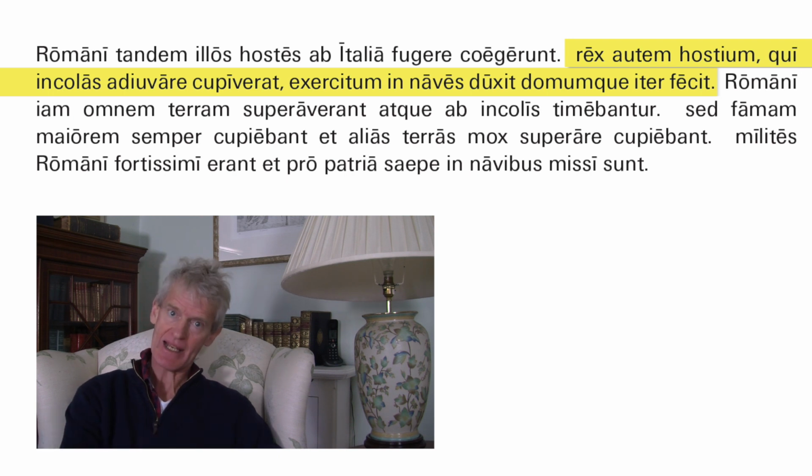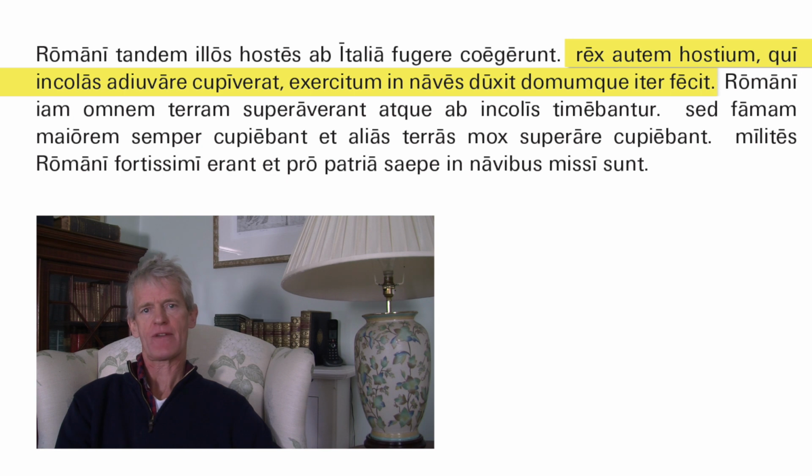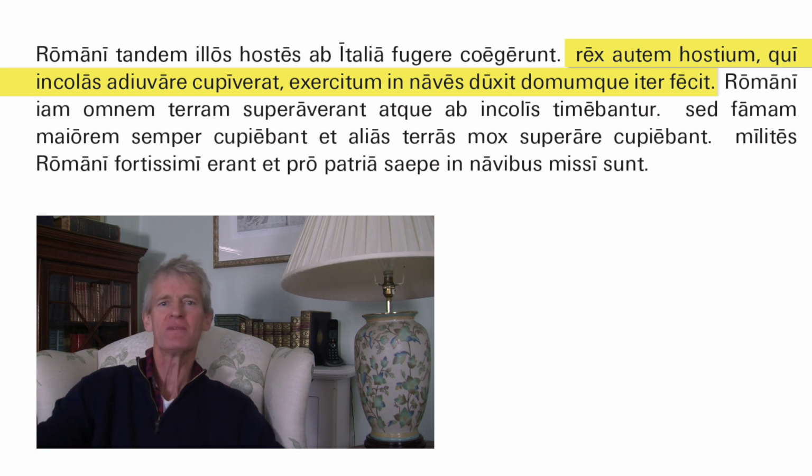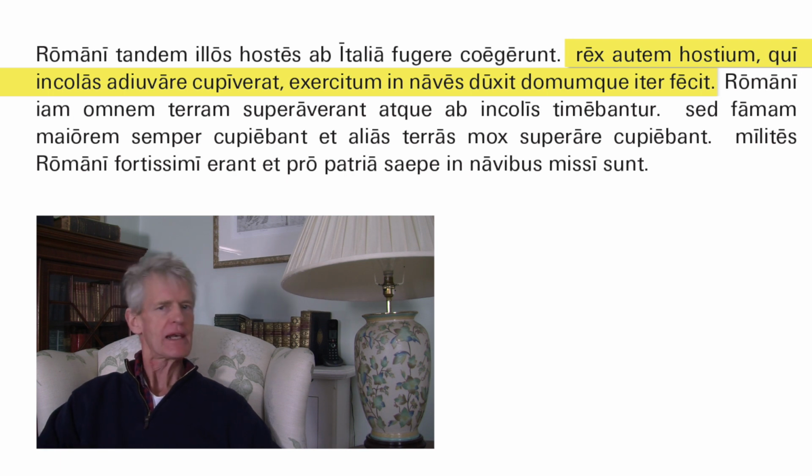So, and domum iter fecit, and he made a journey home. Domum is in the accusative case, because we are going towards home, but you will remember my lovely little rule about towns, small islands, domus and rus. Do not use a preposition when you're going to them or from them. So, and he made a journey home.